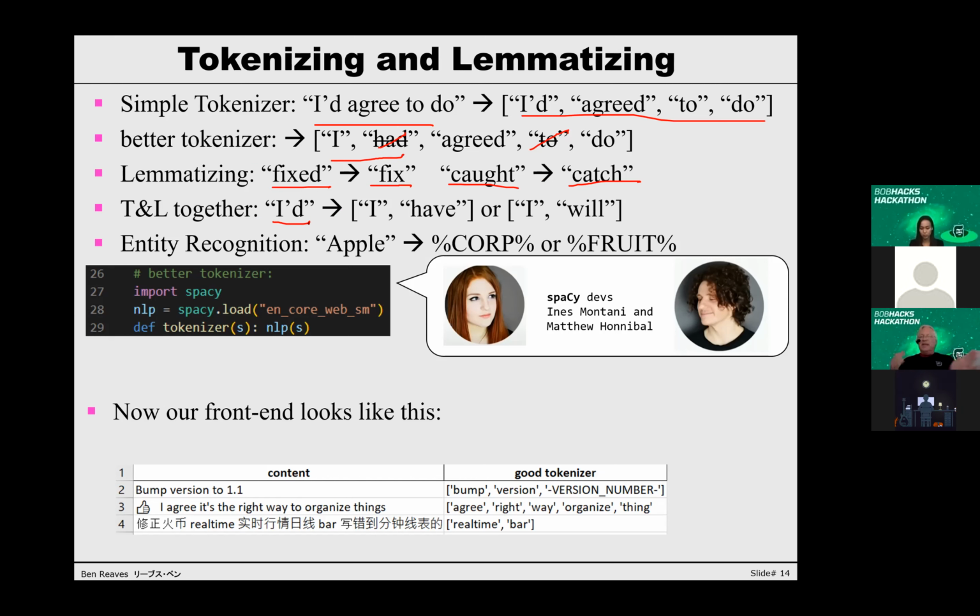So you need something that understands the grammatical structure well enough to say that I'd was I had, and you're going to lemmatize it to I have, okay? And you're also going to delete it because have is really common, but that's separate. You also have I would, but you've got to translate that to I will. That's also really common. So this is not a great example, but you get the point: you really need to do tokenizing and lemmatizing together.